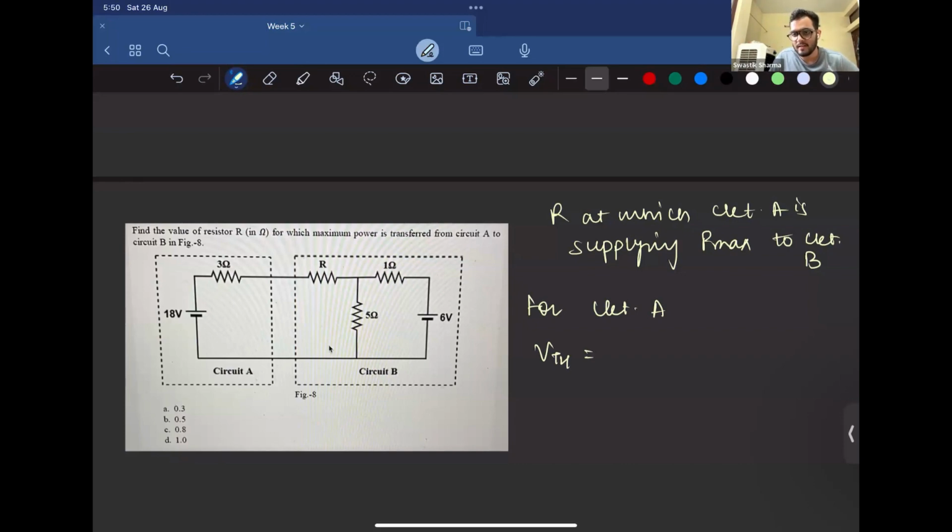What is a Thevenin circuit? It's a voltage source in series with the resistance. So VTH would be 18 volt and RTH would be 3 ohm. So for circuit A to supply maximum power, what should be the value of RL? Let's consider circuit B can be represented by some resistance RL, right? So what is it?